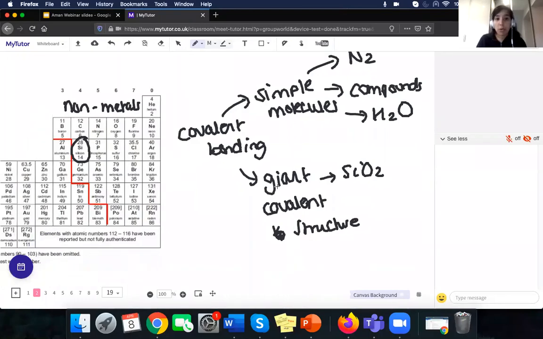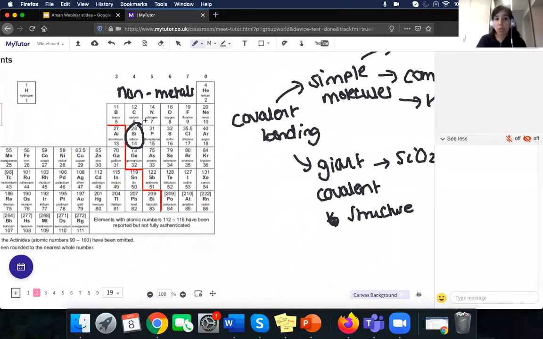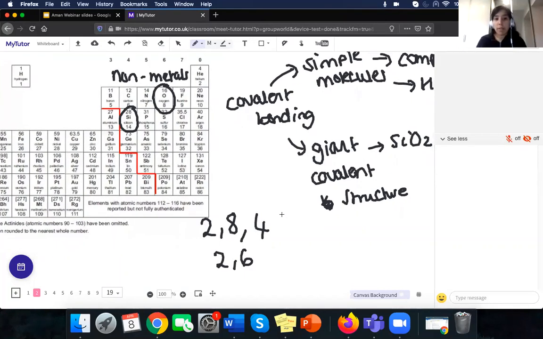So yes, someone has told me that the electron structure of oxygen is 2 and 6. So 2 in the first shell and 6 in the second and outer shell. And that's because the atomic number of oxygen is 8. So silicon is 2, 8, 4, and oxygen is 2, 6. So what does that mean? That means that silicon has 4 electrons in its outer shell, and it wants 4 electrons to complete its outer shell.